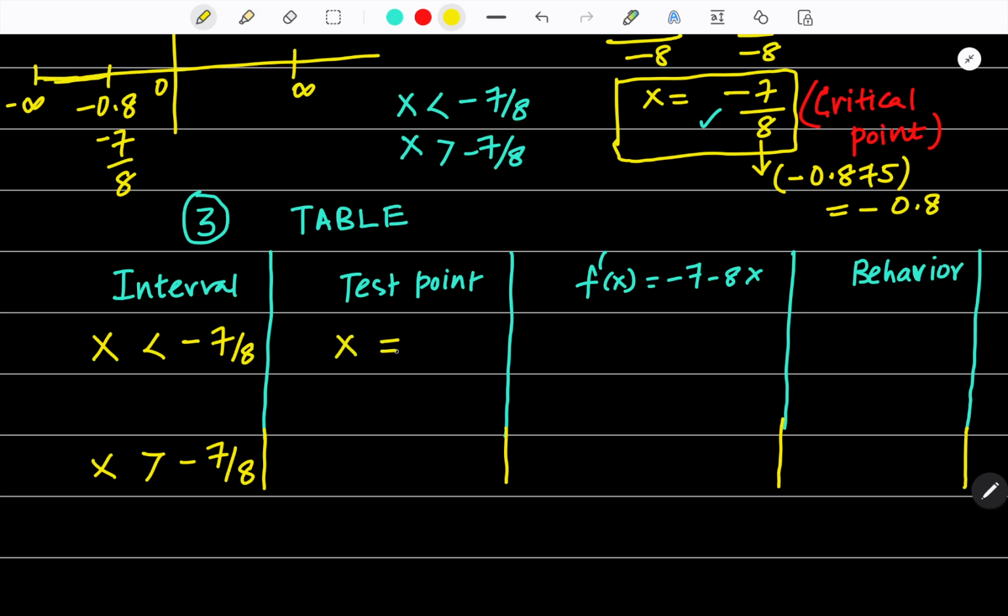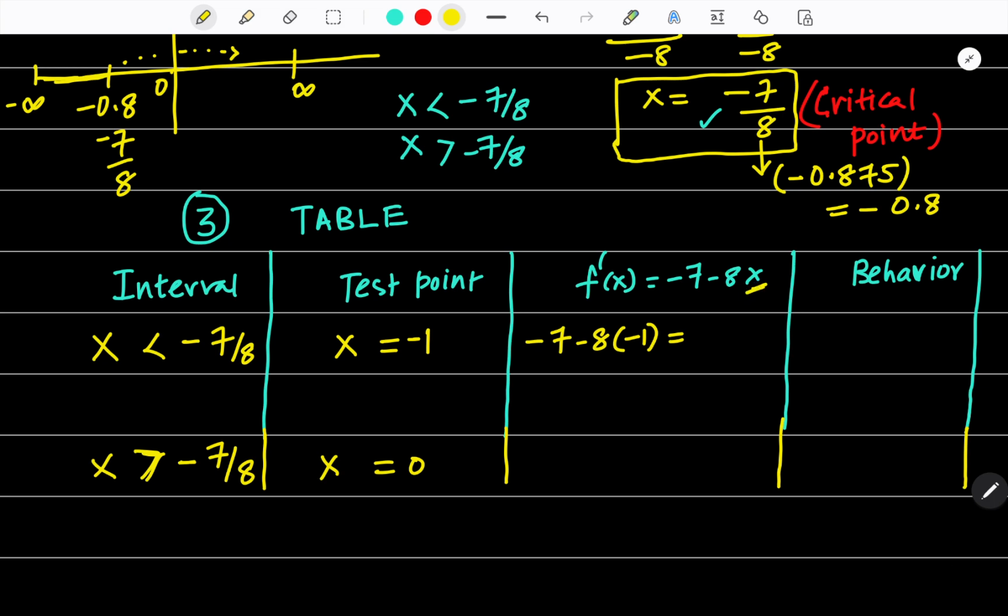So let me take the next point, x equals minus 1, sorry, because here all negative. And x more than negative 7 by 8 means what? This side. So we take simple point, x is equal to 0. Now you put this point in the first derivative, that is called first derivative test, f dash of x. So here I am going to put minus 7 minus 8 into x equals minus 1.